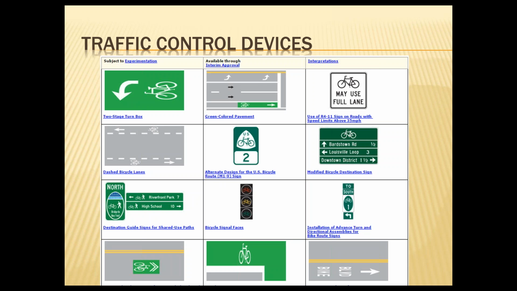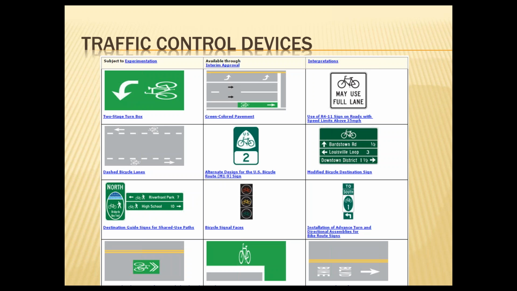The easiest way to get to it, and we'll provide references afterwards, is I always just Google MUTCD bikes and it gets me here pretty easily. On the left column you see a number of treatments that we've approved for experimentation, where we ask a community to work with us and take some before and after data to help us know if this is really working or not.